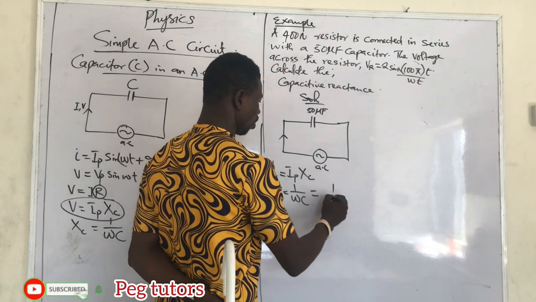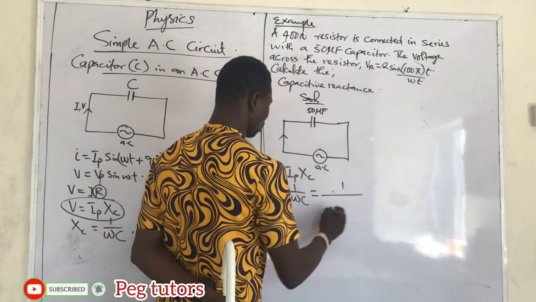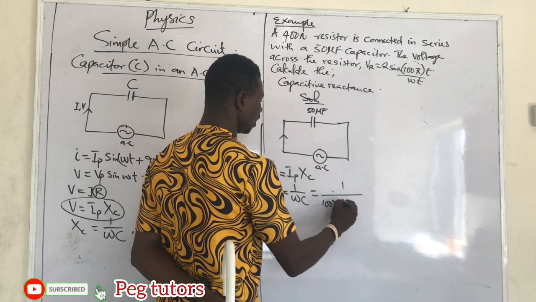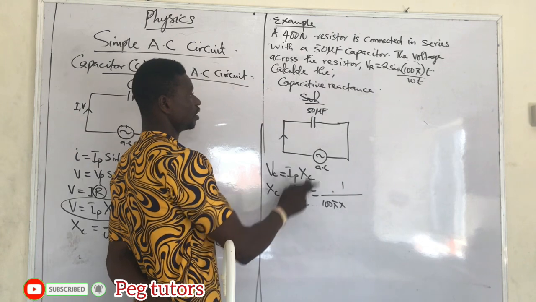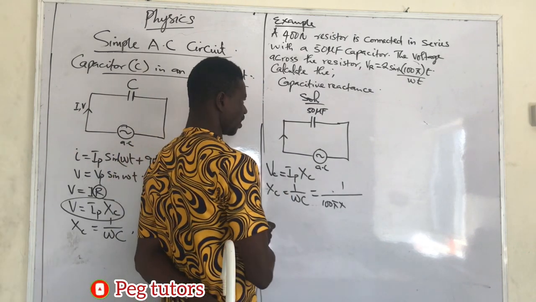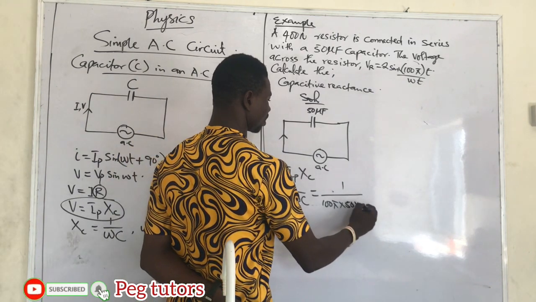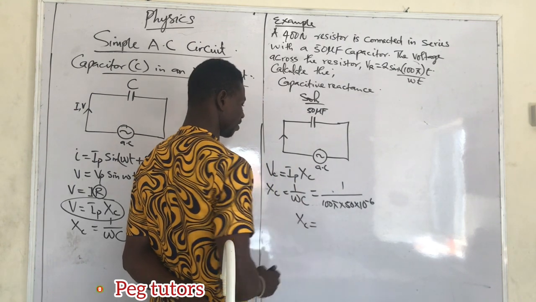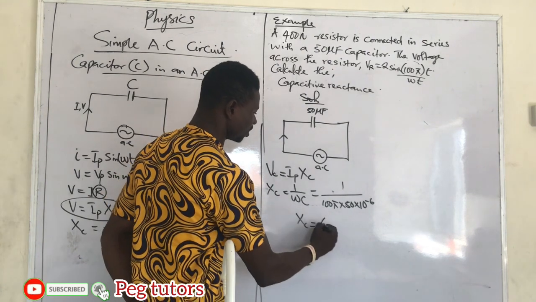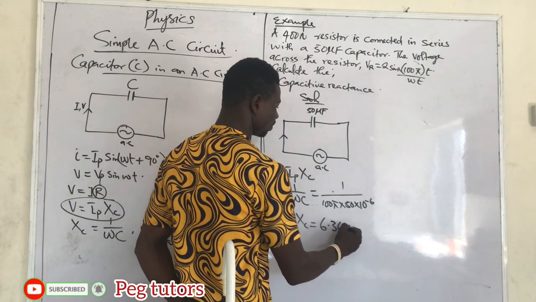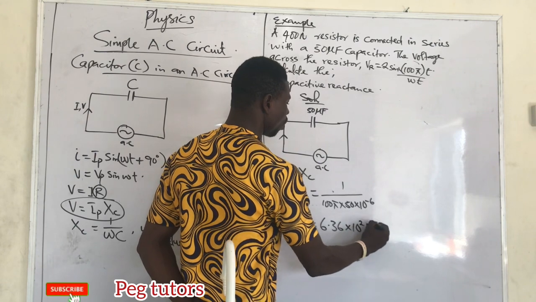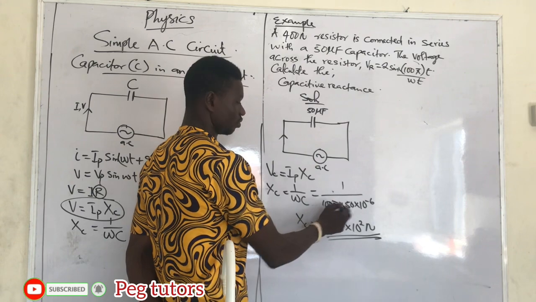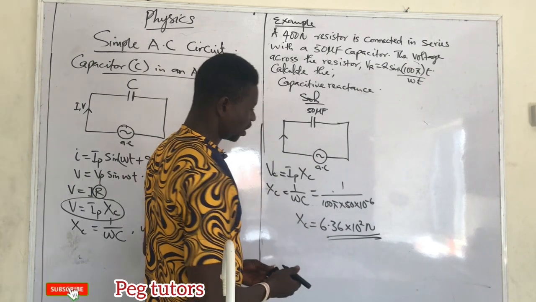So we have 1 all over 100 pi times C, which is 50 microfarad, of course 50 times 10 raised to power minus 6. If you calculate this very well, you'll have 6.36 times 10 raised to power 2 ohms. Remember, pi is 22 over 7 while running the whole of your calculation.